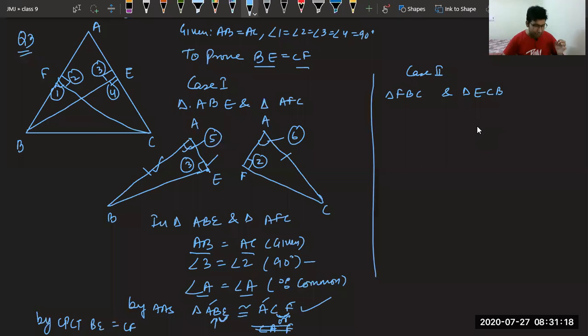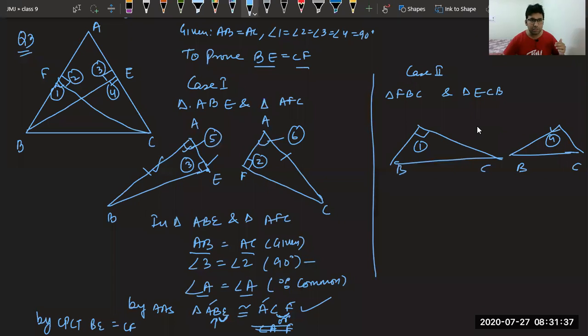Now let me take the second case also so that you can understand how we are approaching. Time is very less, I'm just showing you. If you want to do it by this, you can do it by this also. This angle 1 is given to us. This angle is 4. This is BC. This is BC. This is, I think, F. This is E. Now all of you can see 1 equal to 4, BC equal to BC.